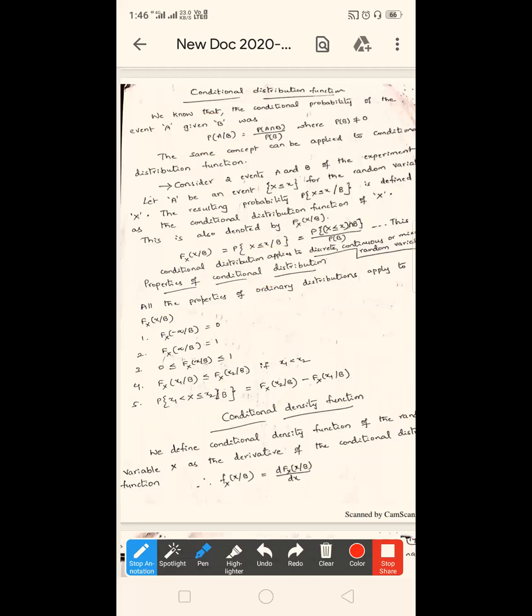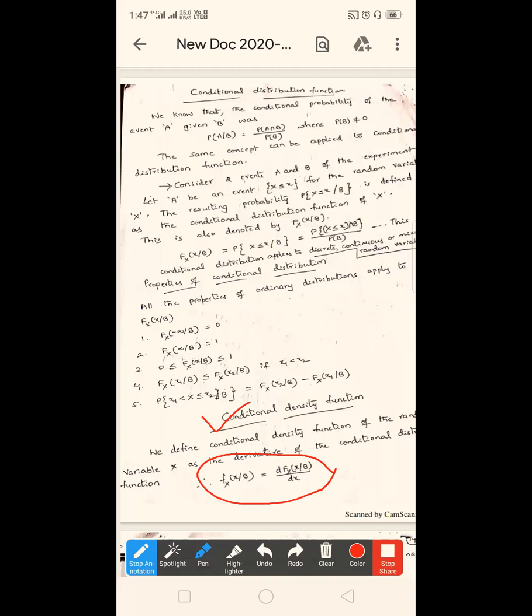Next, similarly, up to now we discussed the conditional distribution function. Now let us discuss the conditional density function. What is the relationship between density function and distribution function? Density function is equal to the derivative of the distribution function. Here the relationship is given for you. Conditional density function is equal to the derivative of the conditional distribution function. This formula is valid for normal distribution and density functions also.